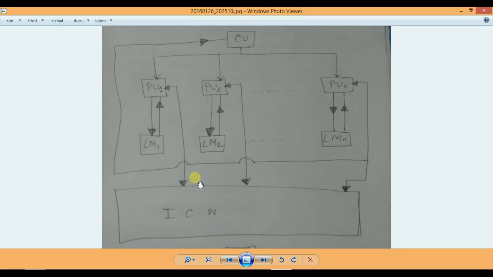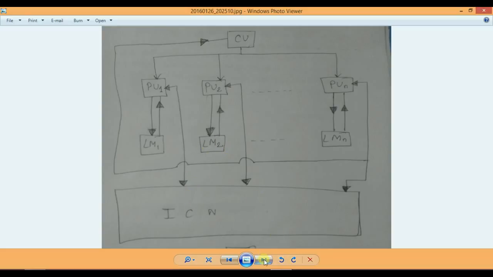When a processor has to connect to another processor, like it has to share some information or data, then it passes through the ICN. In this way they can share information among one another. So ICN is needed when there is a local memory.